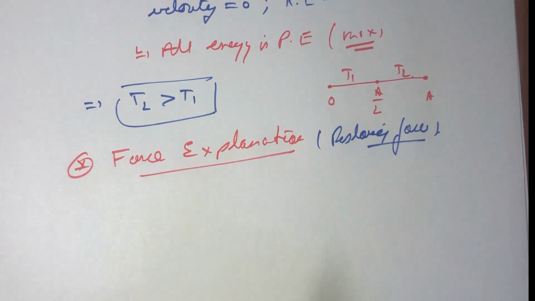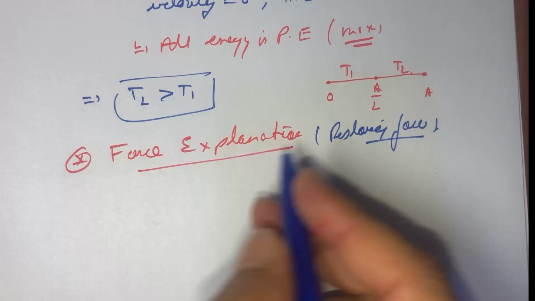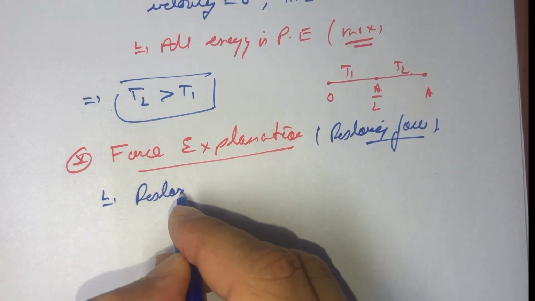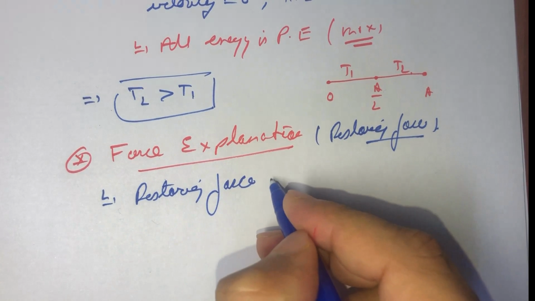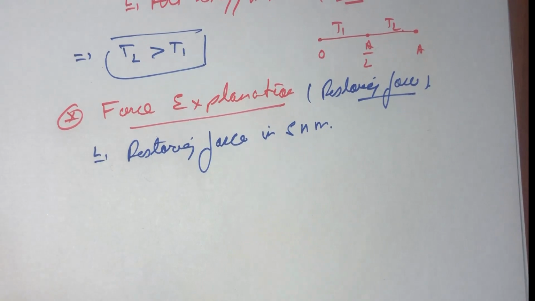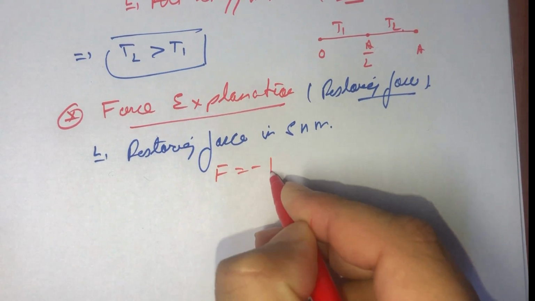We know that restoring force in case of SHM is proportional to x, that is how far it moves away from its mean position. So restoring force in SHM is F equal to minus kx.